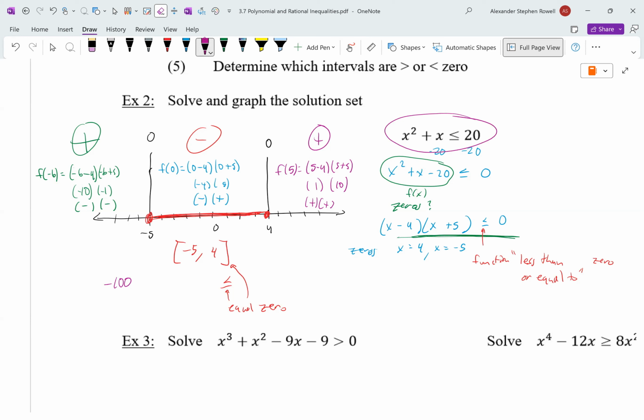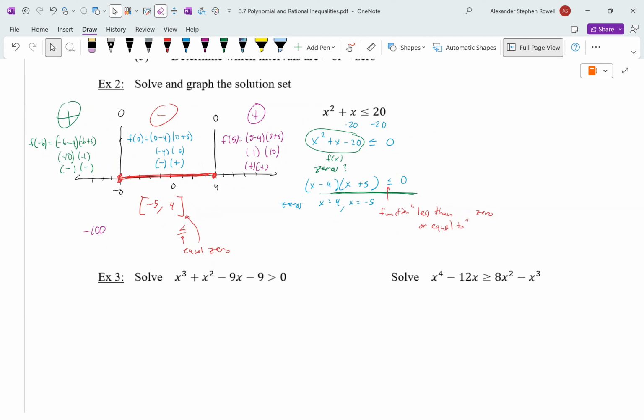I would get a false statement, something larger than 20. If I plugged in a number between negative 5 and 4, I would get a true statement. So you found all the values that I could plug in here, and it will be true. It will be, in fact, less than or equal to 20.